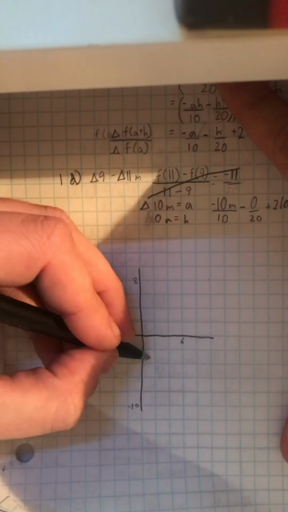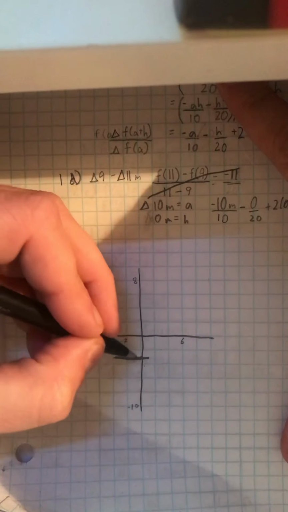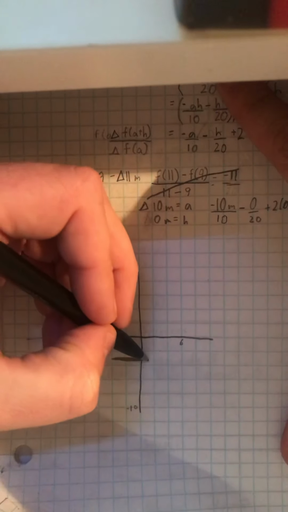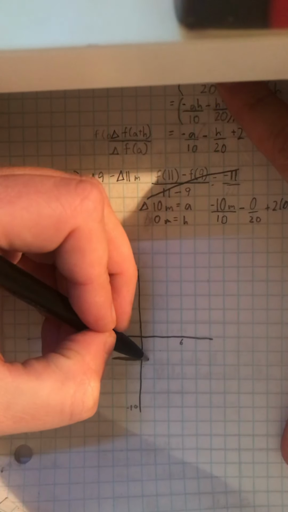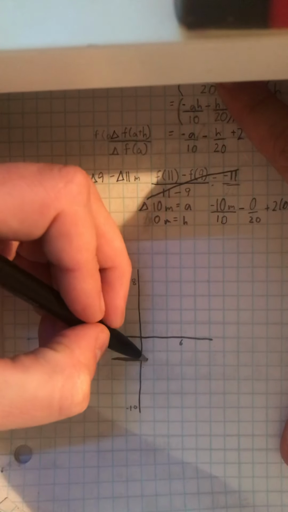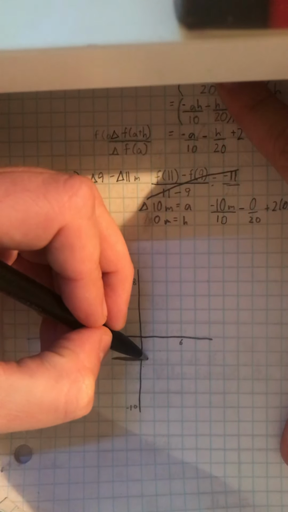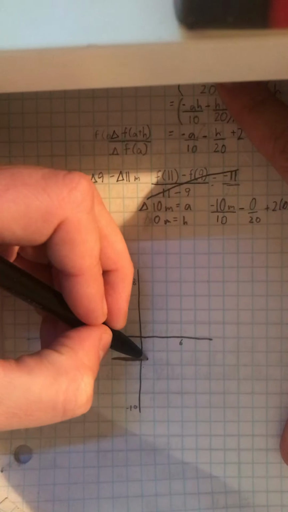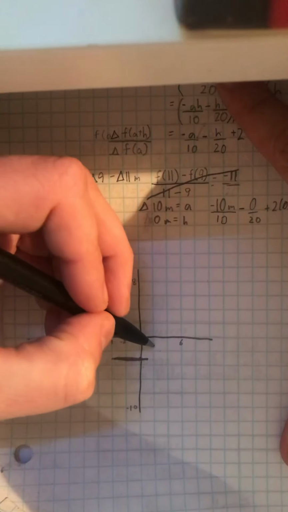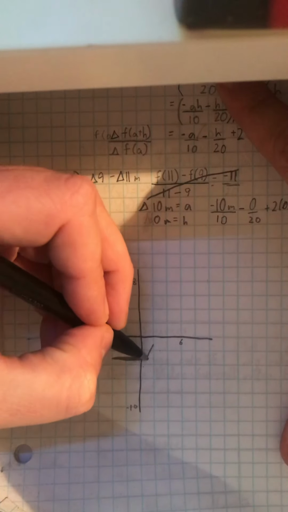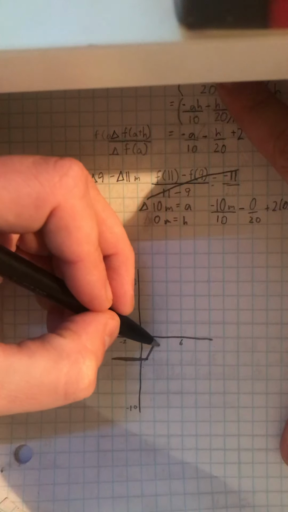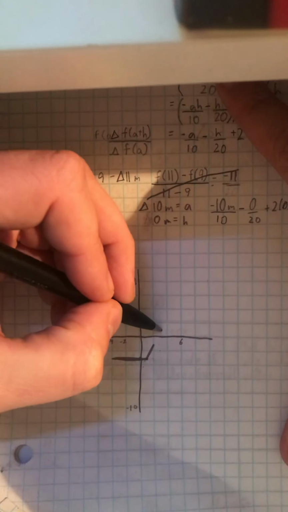So that is our f prime of x starting there. And then we have the graph of 2. So in this interval it would go to 2, which would mean go up by 1. There we go. And if we do 1 again, it would go up by 2.